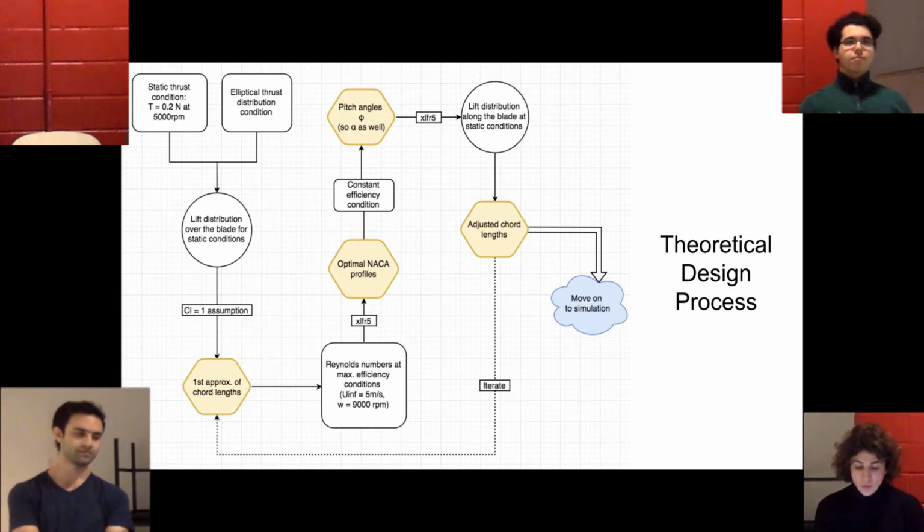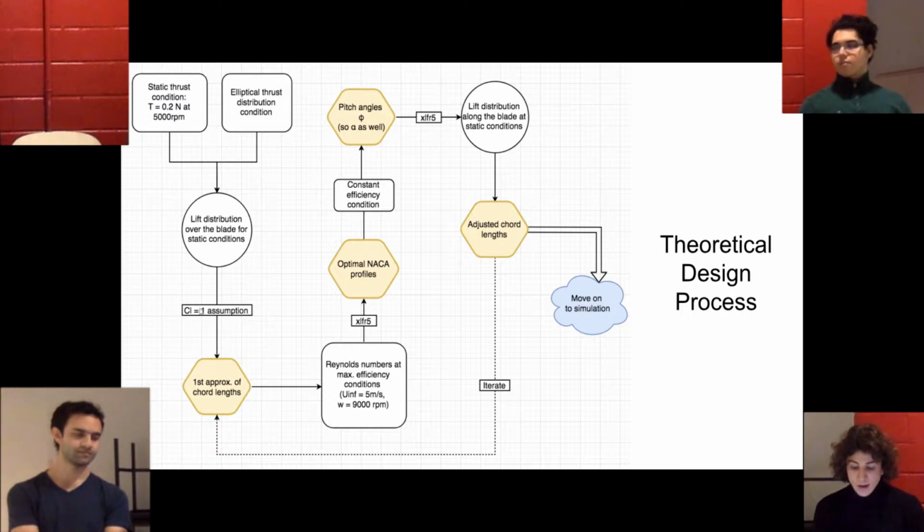Now using the software, we can find the optimal NACA profiles at each control point. And then by enforcing the constant efficiency condition, we can also find the pitch angles at each control point. Now, again, we can go back to the software. We can find the actual lift distribution at each control point.